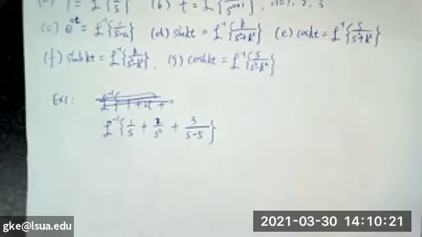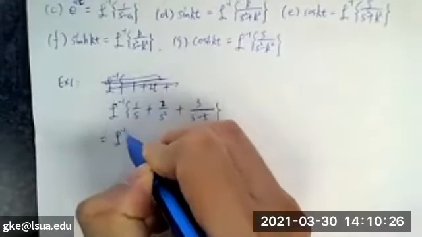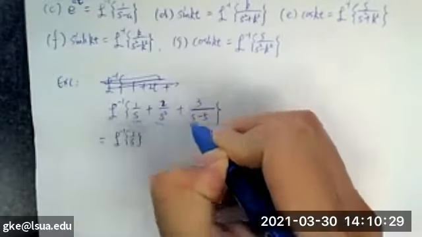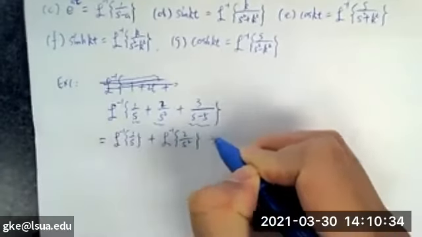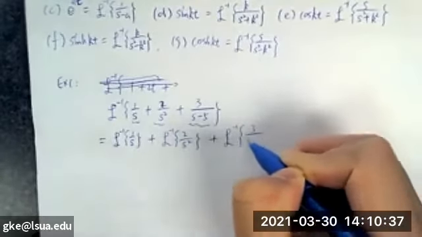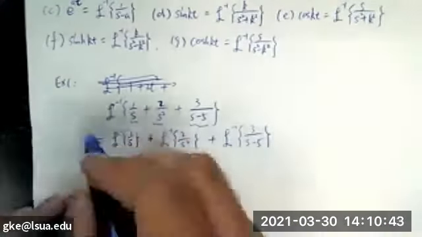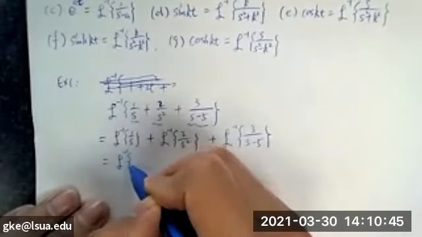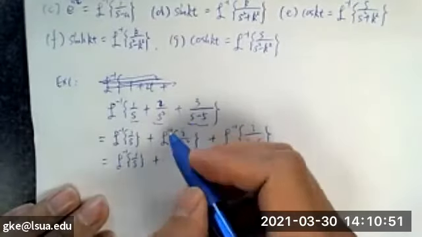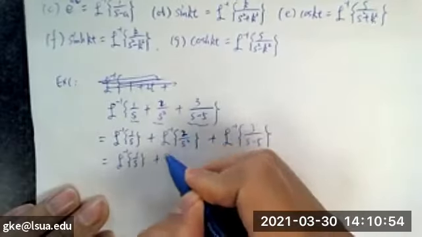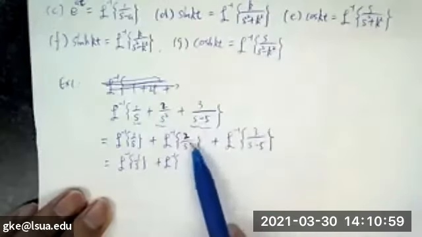Okay, now let me write down the answer on board. So for this type of problems, the first step, you can spread the terms. We have 3 terms. And then you have the constant. You can put a constant outside. Or you can take a look at the formula.